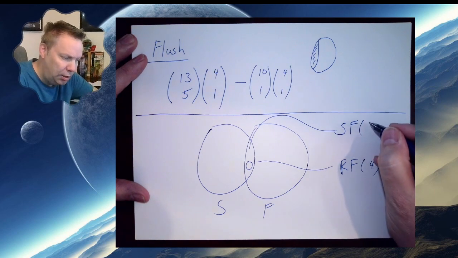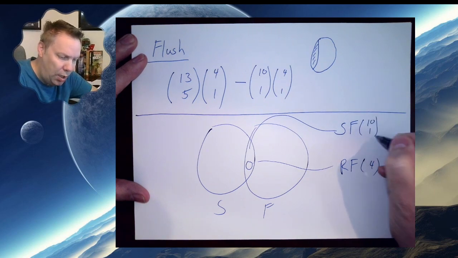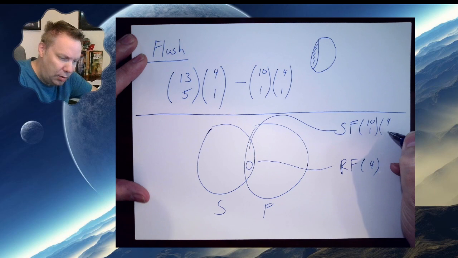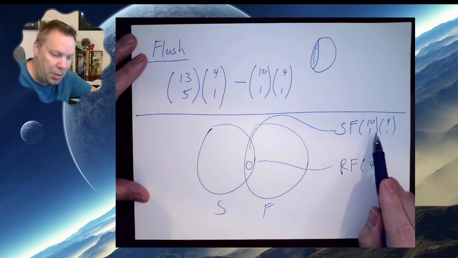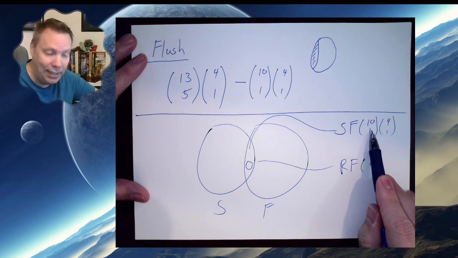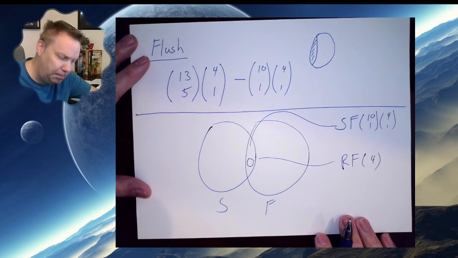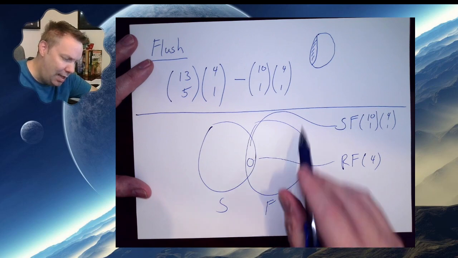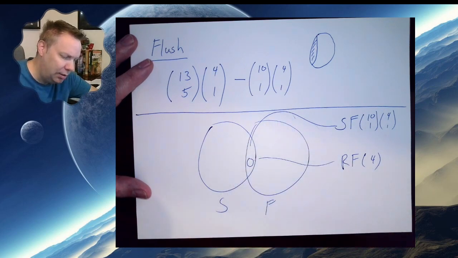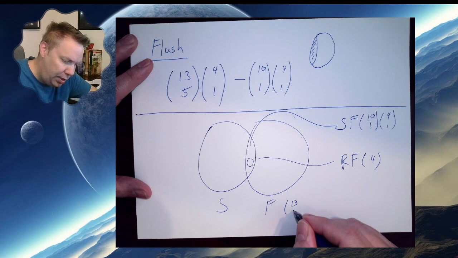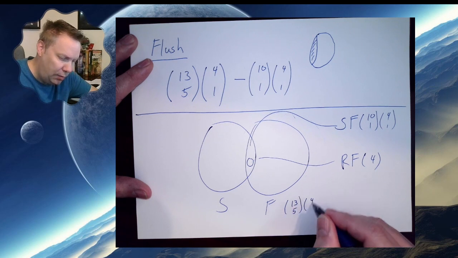Straight flushes, we had 10 choose 1, 4 choose 1. Remember, we pick the lowest of the ranks and then we pick exactly 1 suit. The number of flushes, this big circle right here, that big circle was 13 choose 5, 4 choose 1.